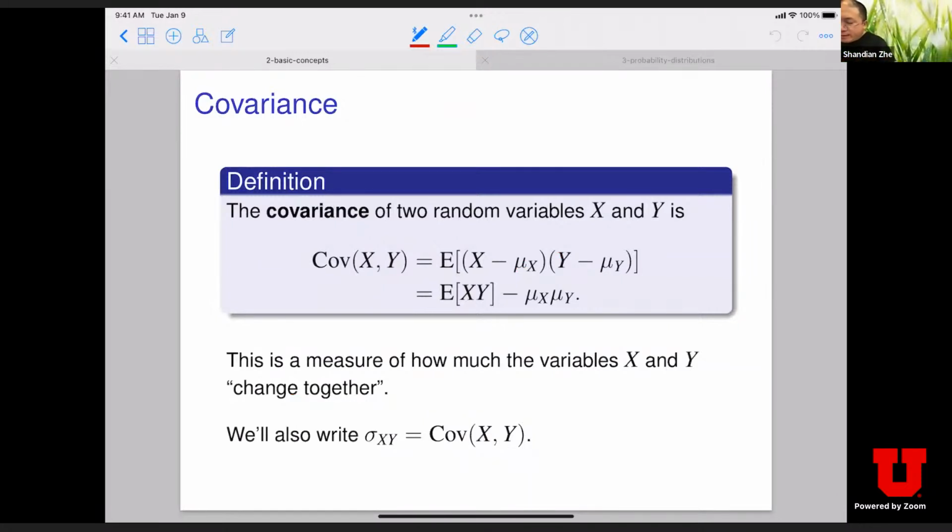Our next important concept is called covariance. The covariance of two random variables is defined as follows.